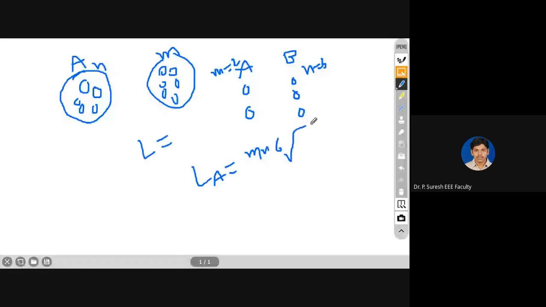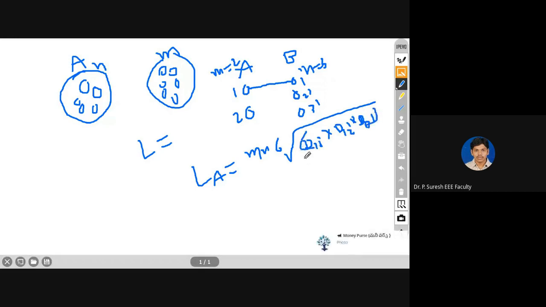Mutual distance is nothing but D11' into D12' into D13'. Yes or no? Into, so what is the other mutual distance? D21' into D22' into D23'.